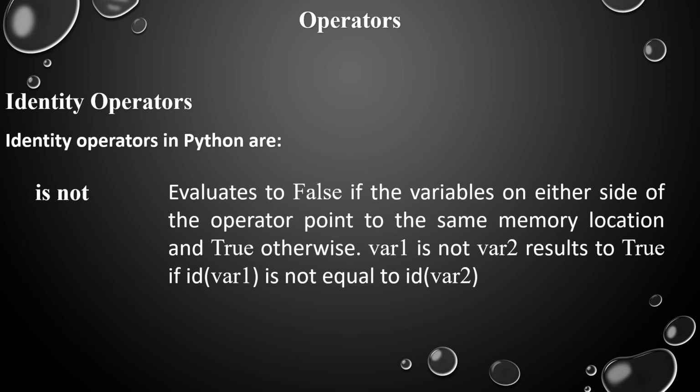So var1 is not var2 results in true if id of var1 is not equal to id of var2. Don't get confused regarding the is and is not operators. At the end of this video you can see how those results will be.